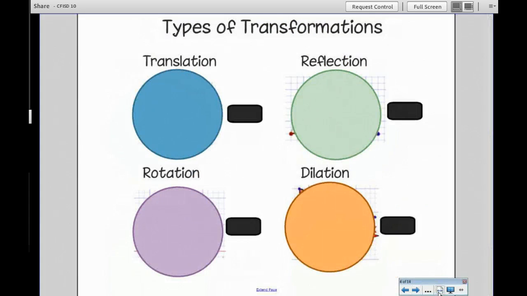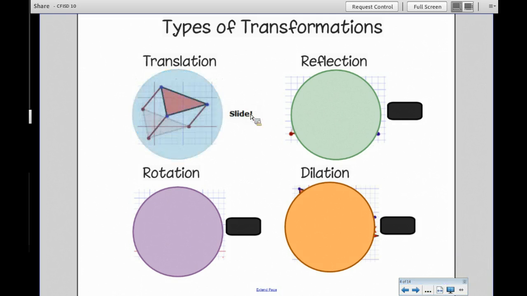So, each of the four ones that we're going to study have a geometry word, and then they have a slang word. What's another word for translation? Slide, there you go. Slide. There we go.